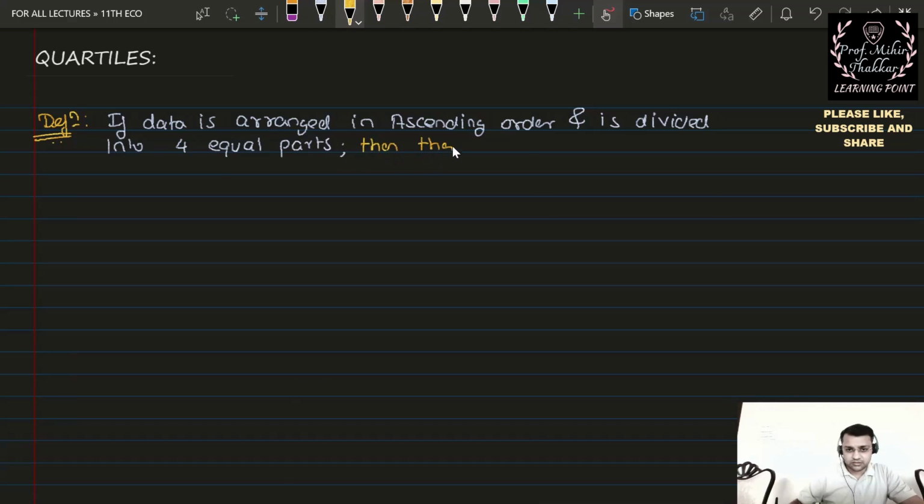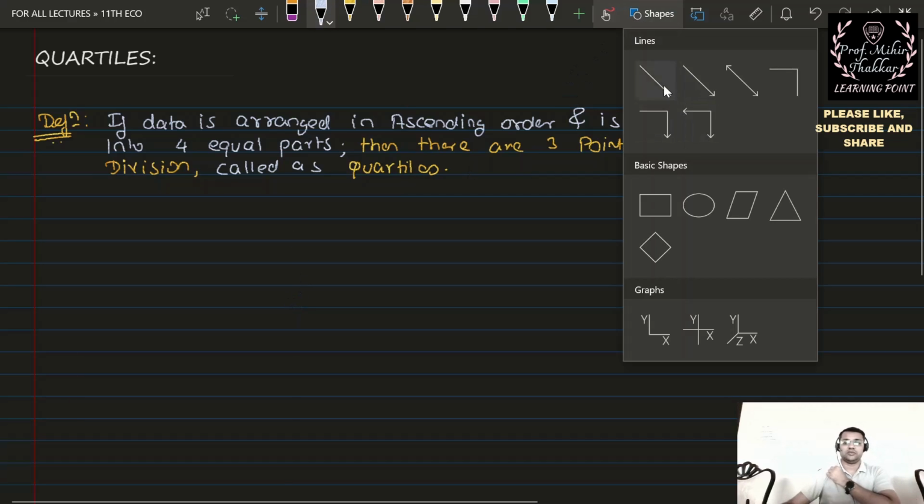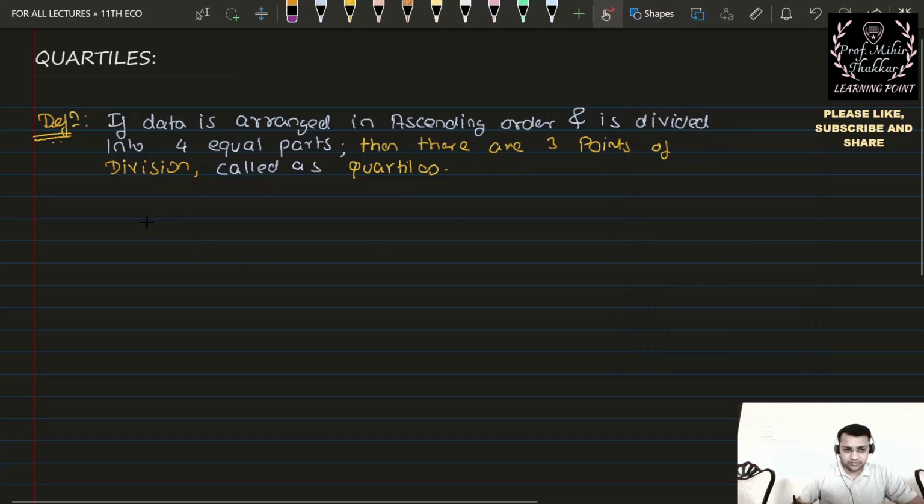Then there are 3 points of division called as quartiles. Let us understand this with the help of a small number line.